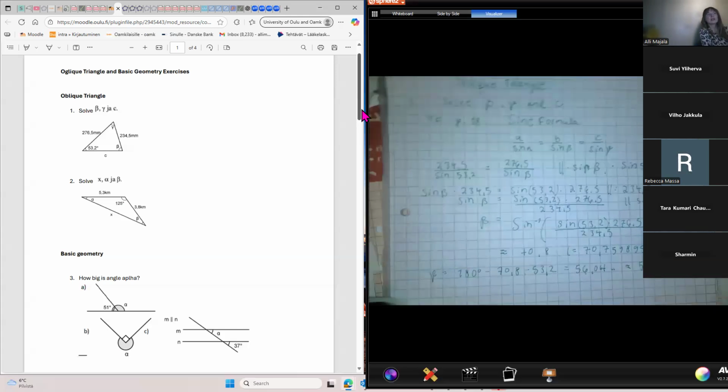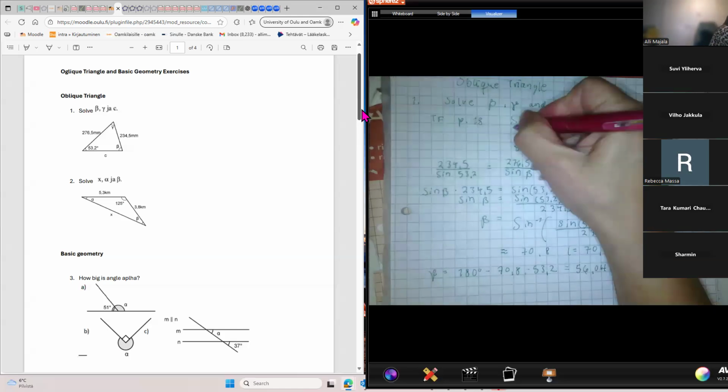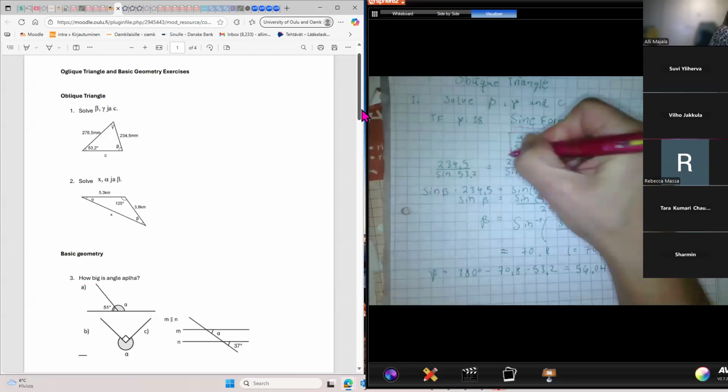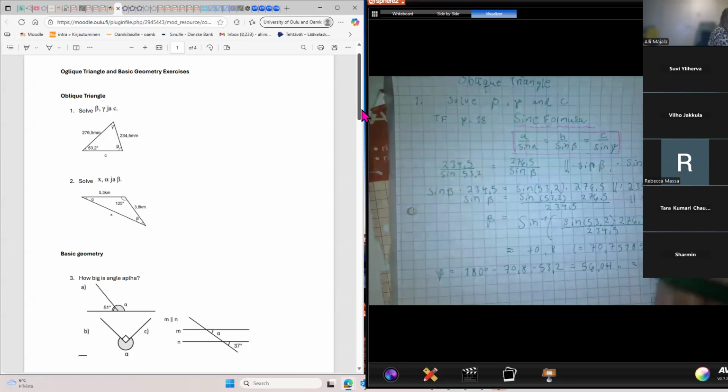And then was there something else that I needed to solve? The C. So then I could again use the sine formula for the C, or then I could also use the cosine formula. Do I have to use that in the next one?